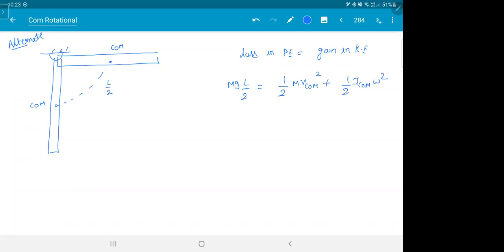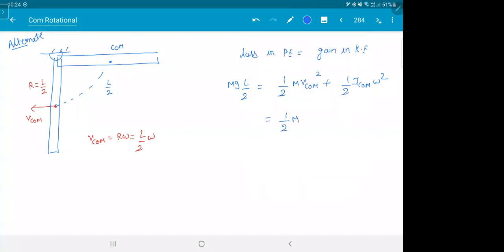We derived it if you see the rolling thing. Now the catch is this point vcom, how is it going? So velocity of center of mass is r omega. R is L/2. Agreed? So the circle it is going is L/2. Now see, if I substitute here, what do I get?